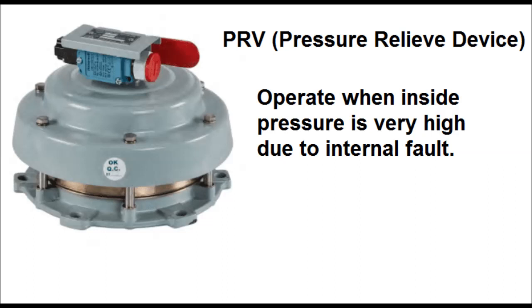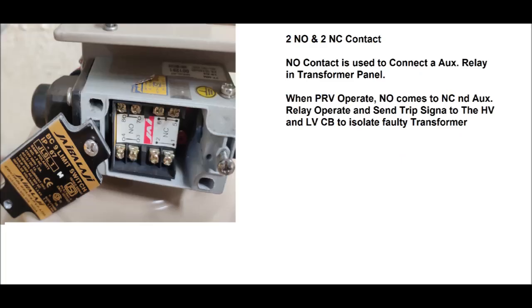push towards the upward direction, and the disc connected with this pin will move vertically, and there is a NO contact. When the disc moves in the upward direction, the NO contact comes to the NC position. In the NO contact, two cables are connected at the two terminals.